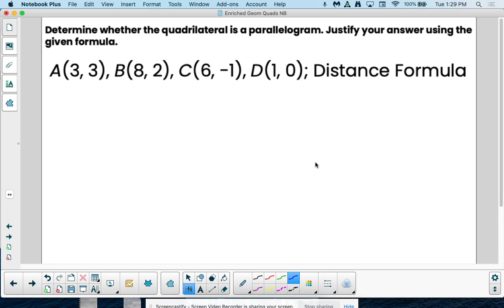Okay, so let's do it. Let's do AB together, and then we'll divide and conquer for the notes, okay? So let's all do side AB together, just so we remember how to plug into the distance formula. So I'm going to label my ordered pairs, so we remember how we plug in. Big square root.